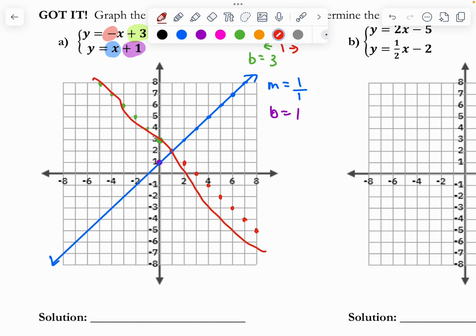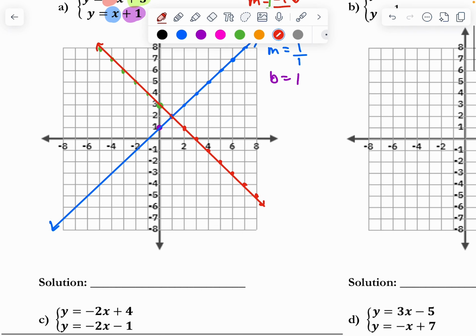If I did this, I just happened to hit it, but if I did this, I missed my line altogether, or I did this, which some of you guys literally do, and you'll tell me that the intersection is somewhere else. But here, I'm able to make my line pretty nice, so we don't have to worry about that. The best way of assuring that you have the correct answer is by writing as many points as possible.